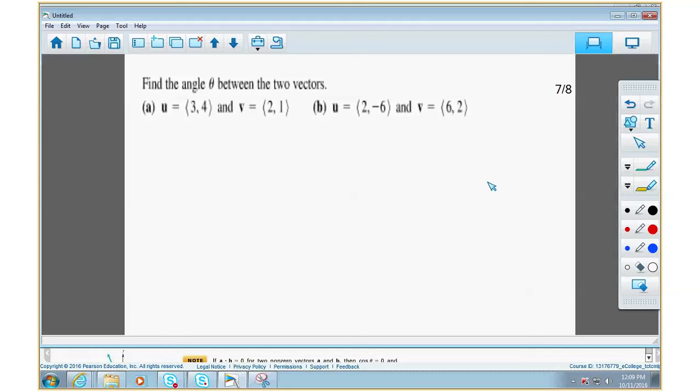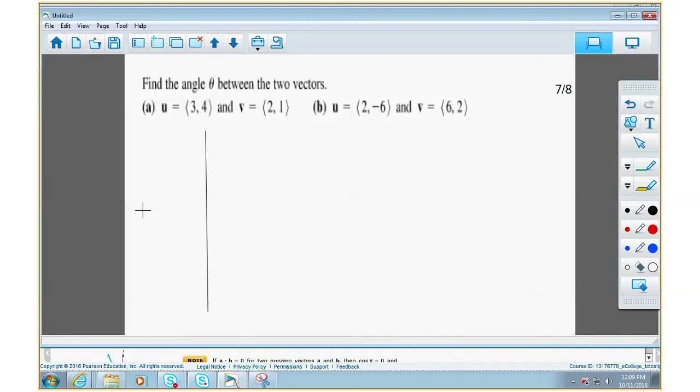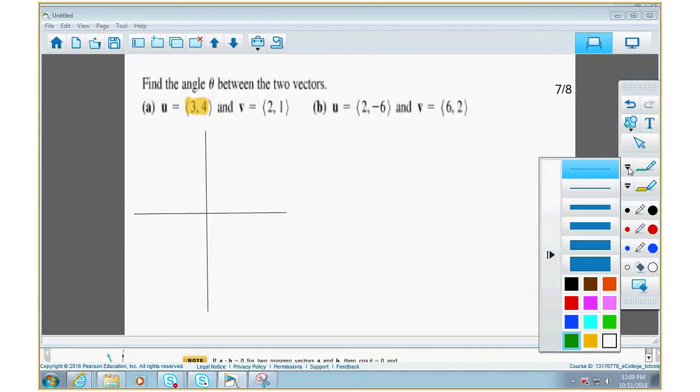So with the first one, we'll make this one yellow. So that way you'll complain about it being yellow. 3, 1, 2, 3, and 4. 1, 2, 3, 4.